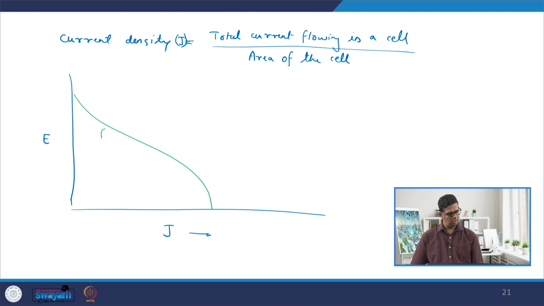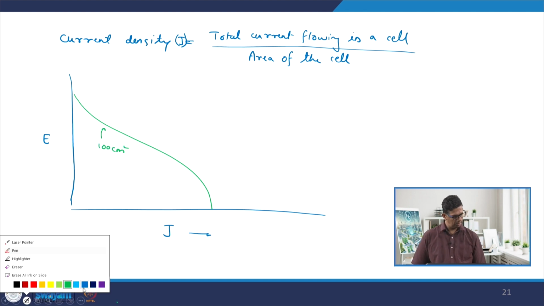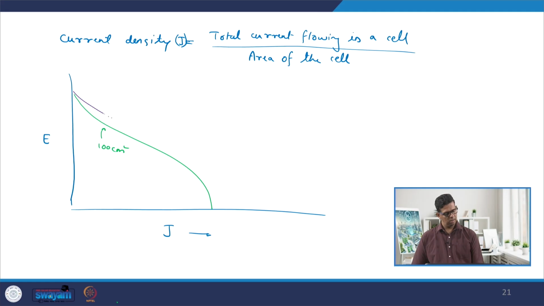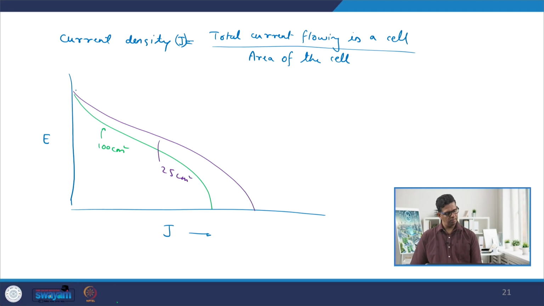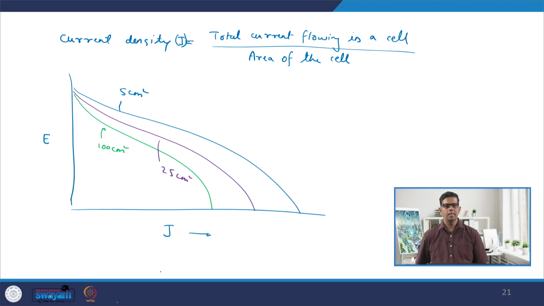So, this is for the 100 centimeter square cell, this is roughly the 25 centimeter square cell, and the 5 centimeter square cell performs the best among the class. If all the cells have similar compositions, then we can compare them in an even better fashion.